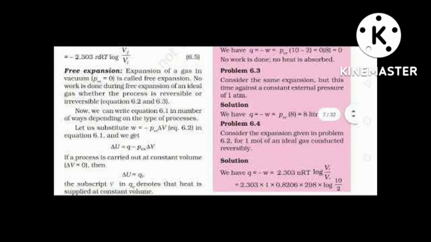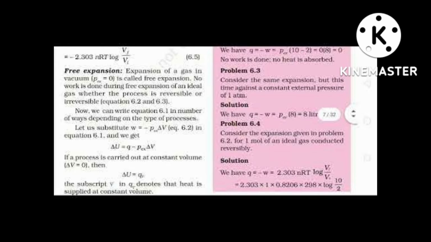Then 0 into (10 minus 2), which is 8, 8 into 0, that is 0. Hence, no work is done. Vacuum means no work is done automatically. Even without solving the numerical you can tell: no work is done, no heat is absorbed. This is the answer of the first question. Now you can see the second question.